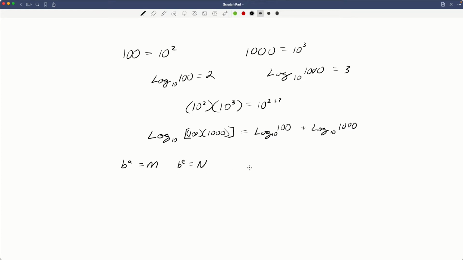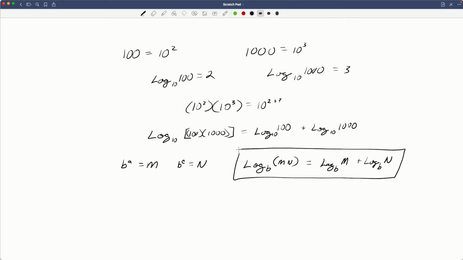Then we can write that rule as the log to base b of m times n is equal to the log to base b of m plus the log to base b of n. It's the same thing we had up here. We're just using variables instead of actual numbers, to give you a rule that you can go by when you want to identify.